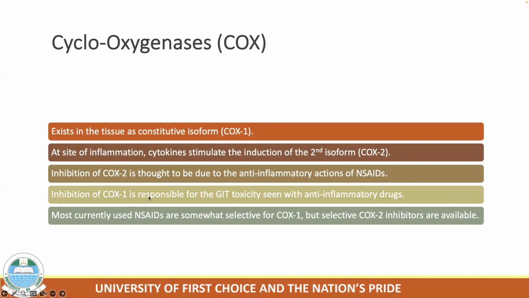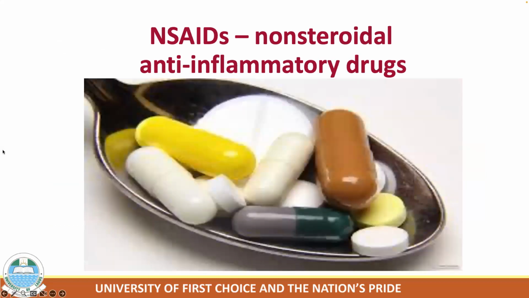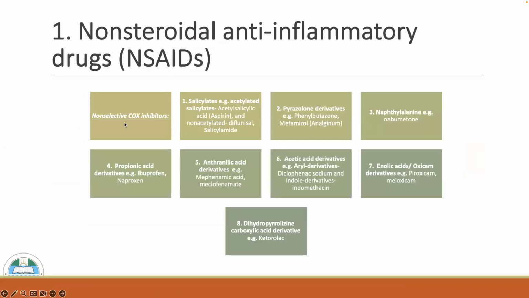Inhibition of COX-1 is responsible for all the GI toxicities that we have seen with the anti-inflammatory drugs. Like I said, we have some that are selective for COX-2, which we are going to see later. But in the meantime, let's see the non-selective COX inhibitors.